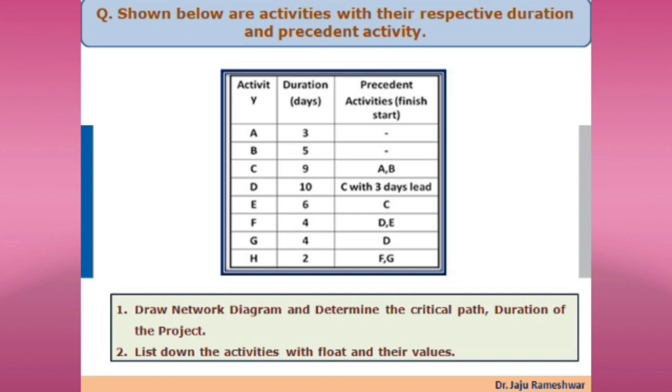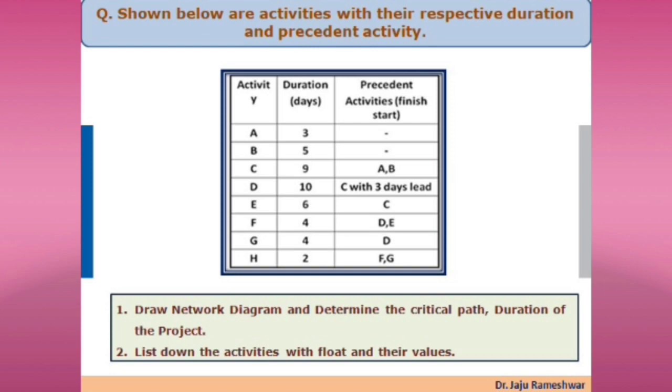So in the given problem, which shows three columns, the first column shows the different activities, activity A to activity H. The second column indicates the number of days to complete the activity, and the third column includes the precedent activities. Activity C must have activities A and B completed previously, and only then move further.